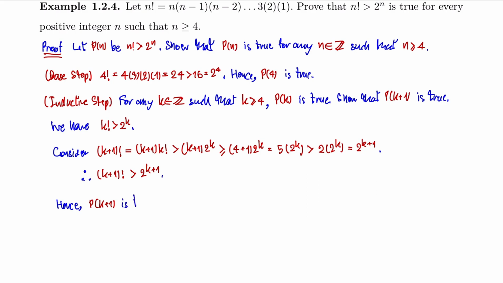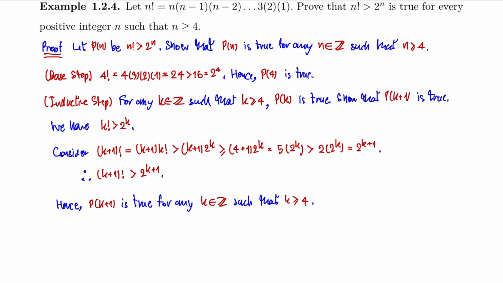It is true for any integer k such that k is greater than or equal to 4.